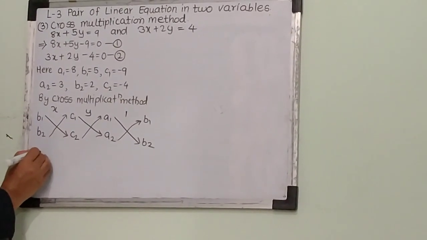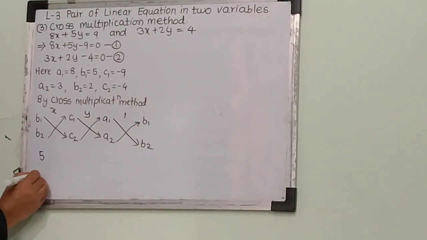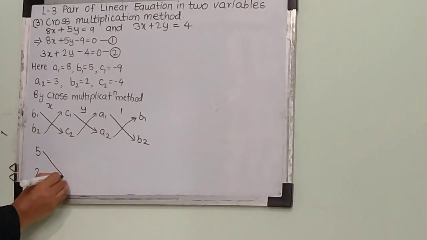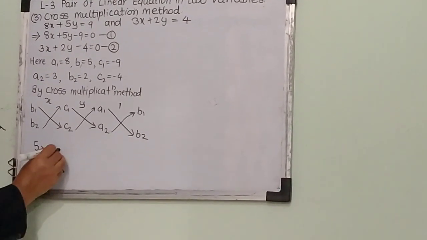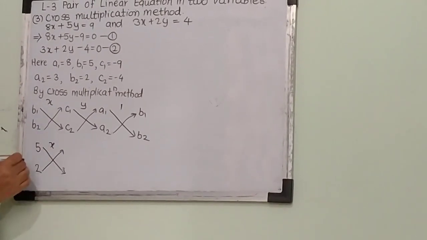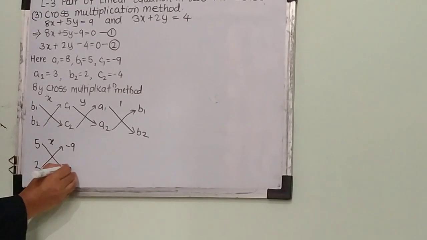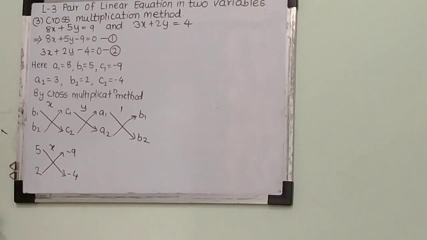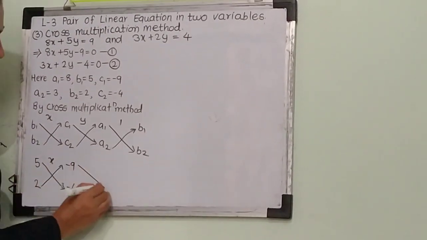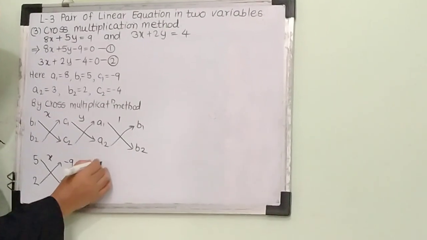So here b1 will be 5 and b2 will be 2, cross multiplied. x will be here. c1 will be minus 9 and c2 will be minus 4. Again we have to cross multiply.